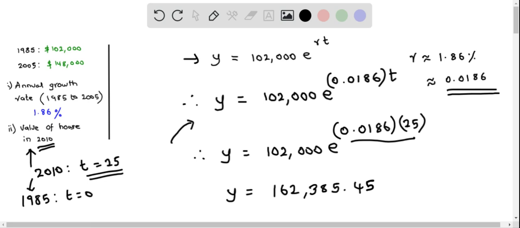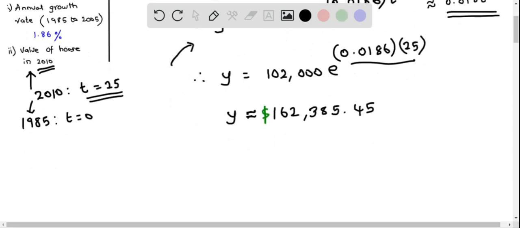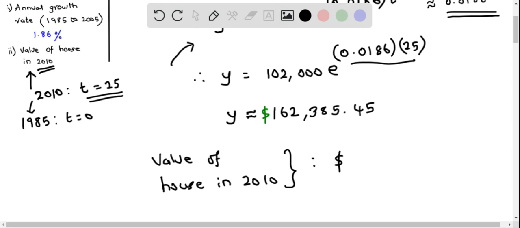This is approximated to two decimal places. So this is an approximate value, and this is in dollars. That is the value of the house. We see that value of house in year 2010 equals approximately $162,385.45.